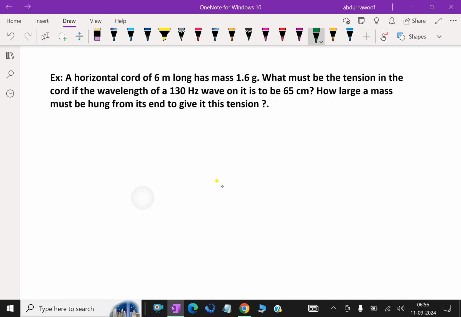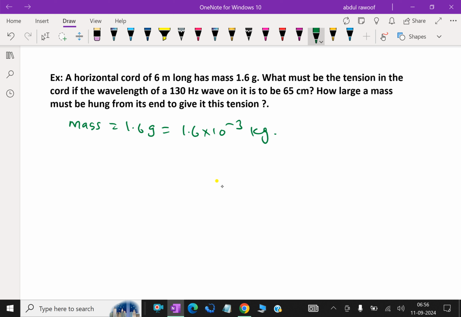Mass equal 1.6 gram, which is equal 1.6 into 10 raised to minus 3 kg.